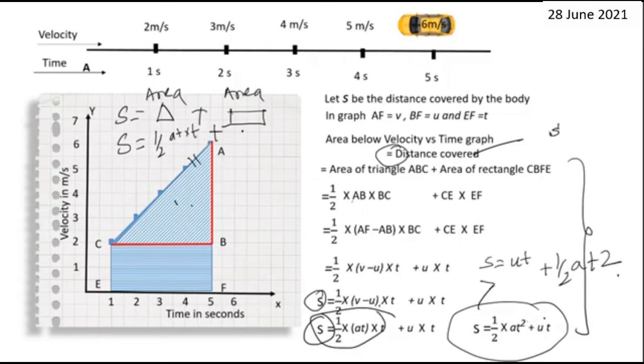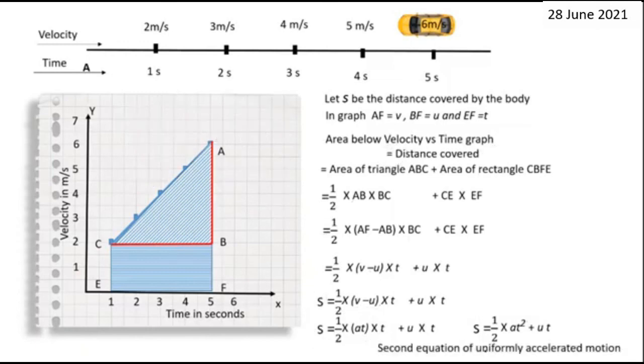Plus the area of this, you get UT. So finally it becomes S equal to half AT square plus UT. This is a simple step. Okay. So this much you have to understand in brief, and how you got this area, you have to apply mathematical equations here. So this is the second equation of uniformly accelerated motion.